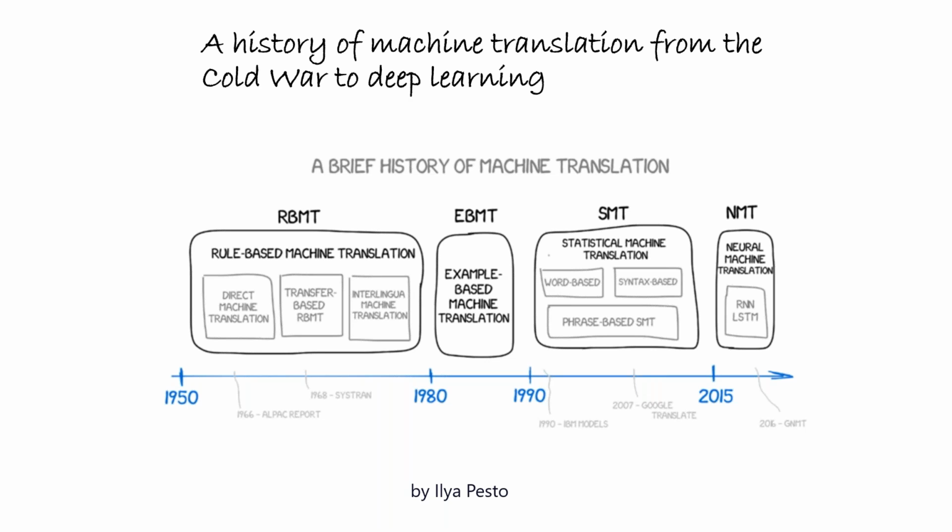That was direct machine translation, mostly transfer based, and they used rule-based techniques to translate. After that, example-based machine translation came into the picture, then statistical machine translation, and then neural machine translation in 2015. It's a long time, and a huge gap between all those periods.